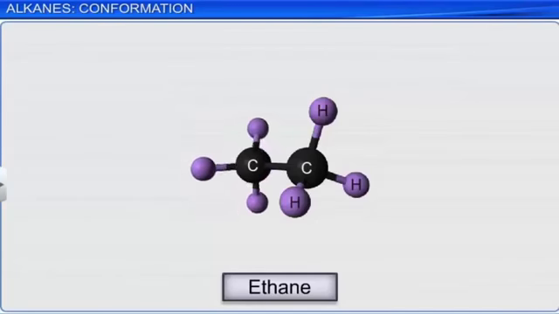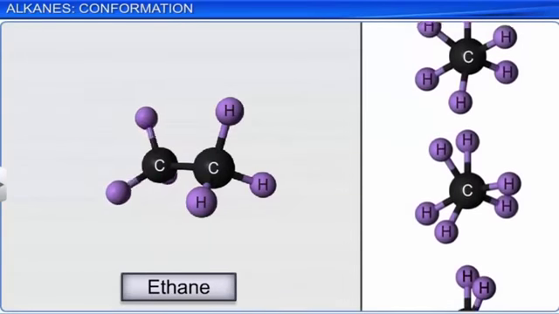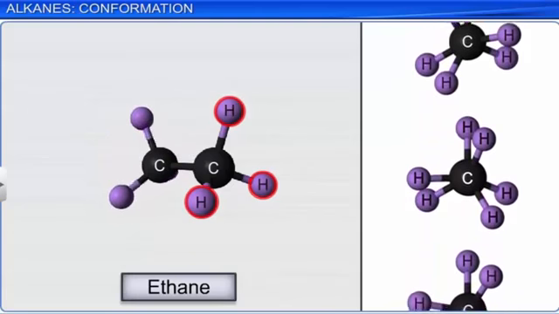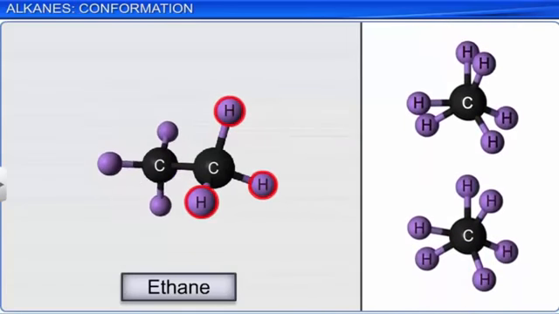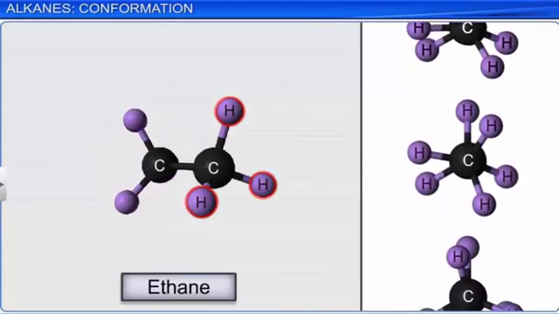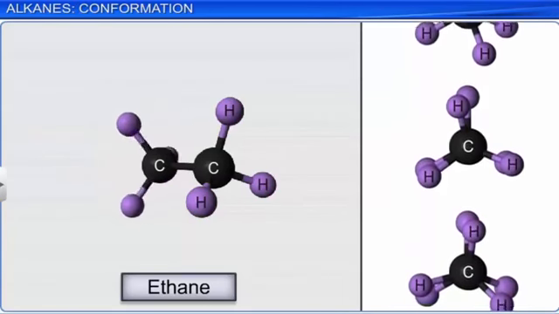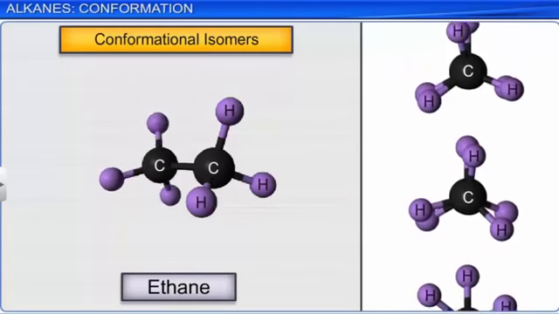You can see that this rotation causes infinite different spatial arrangements of the hydrogen atoms of 1 carbon atom with respect to the hydrogen atoms of another carbon atom. These arrangements are called conformational isomers.